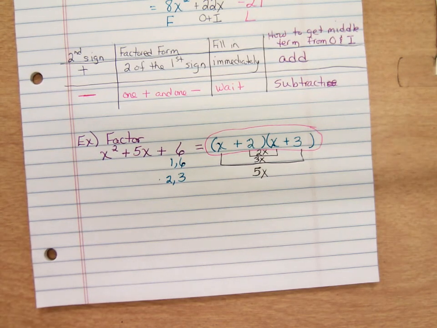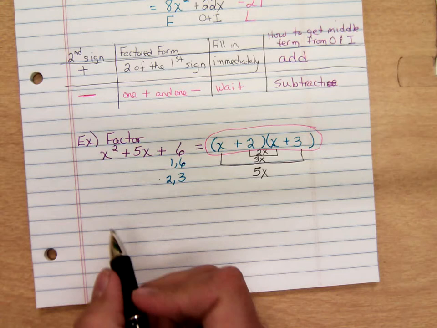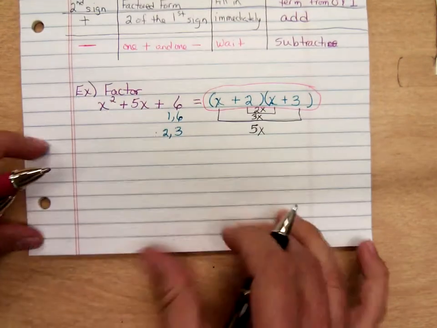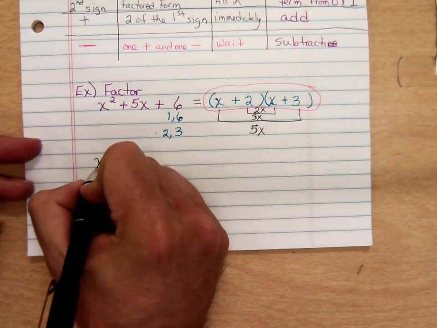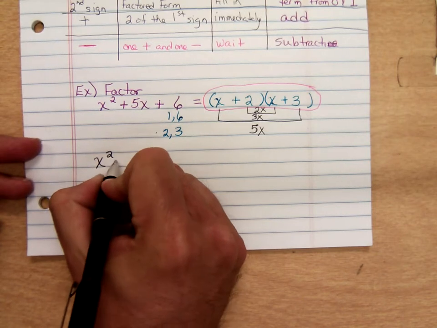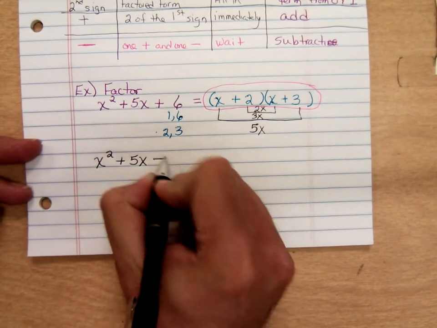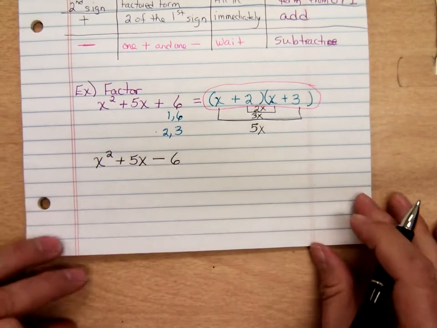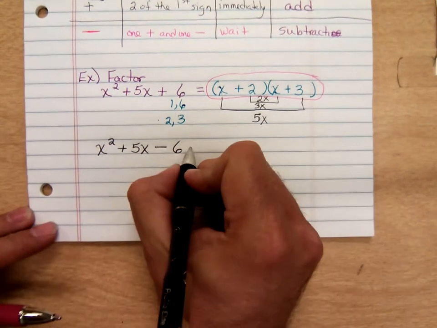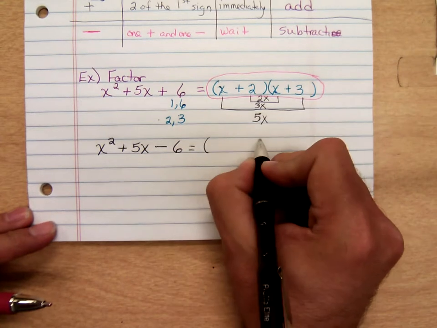Let's try this one. You might think, oh wait, it's the same thing. X squared plus 5x minus 6. So we're thinking, well, it's the same thing.